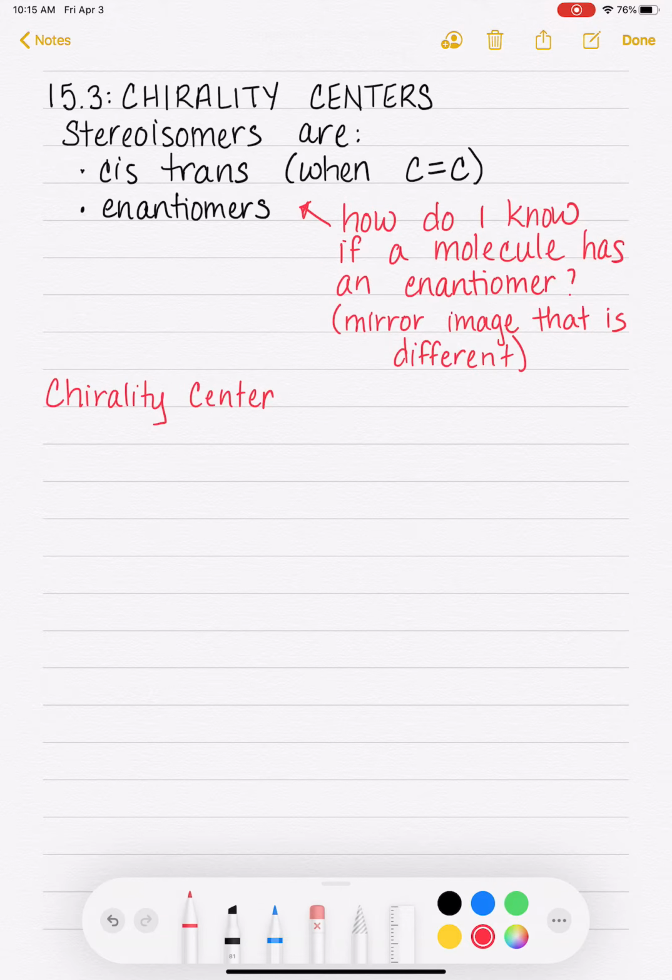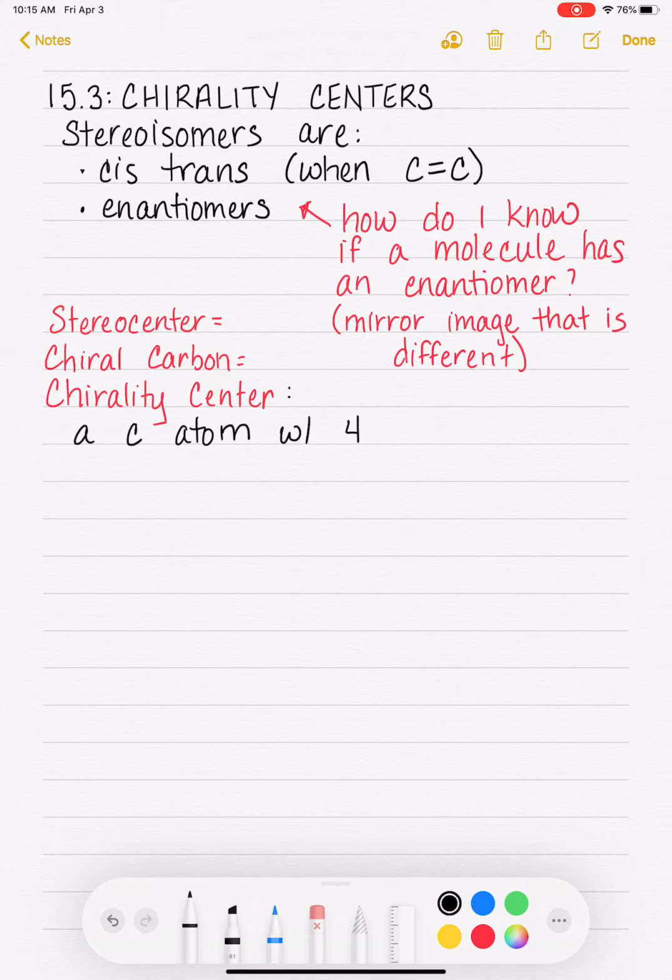Unfortunately, chirality center goes by a lot of different names. They're also called chiral carbons. They're also called stereo centers. If I think of any more names, I'm going to add it to the list. So all three of those, stereo center, chiral carbon, chirality center, all mean the same thing, and they are a carbon atom that has 4 single bonds.